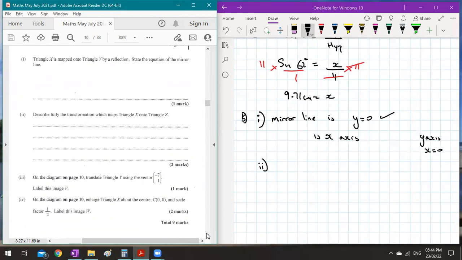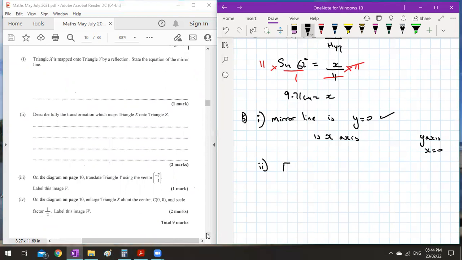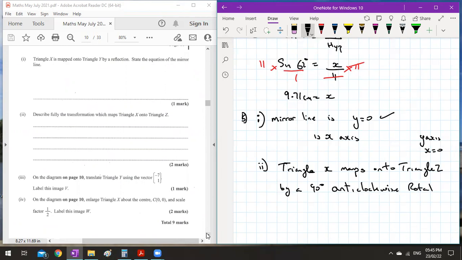So describe the transformation. Triangle X maps onto triangle Z by a 90 degree, and it's clockwise because it went right, rotation about the origin.